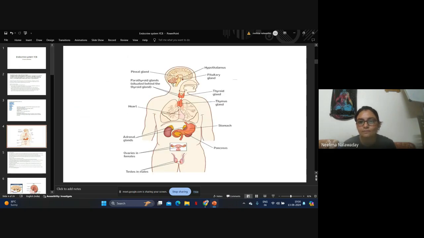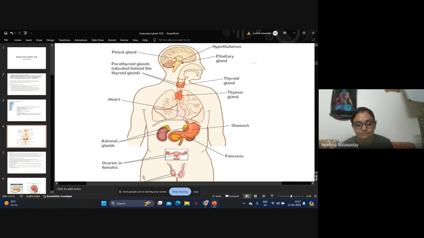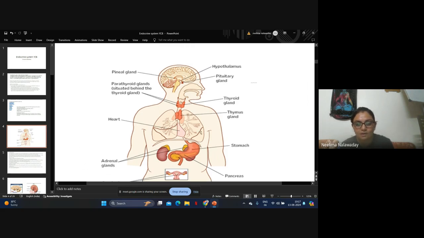Location: hypothalamus, pituitary, and pineal gland are located in the brain. Thyroid is in the throat area, thymus in the chest, pancreas below the stomach, adrenal glands above the kidneys, ovaries in the uterus, and testes in the male genital organs. Depending on their location, their functions vary, and the hormones they secrete conduct different kinds of functions. We are going to see one by one.